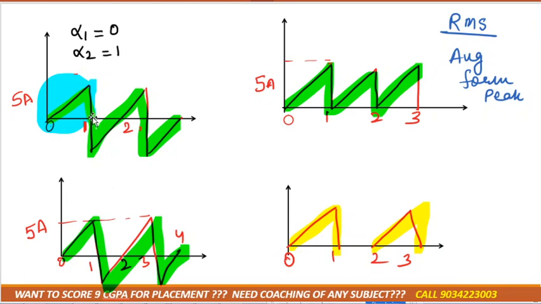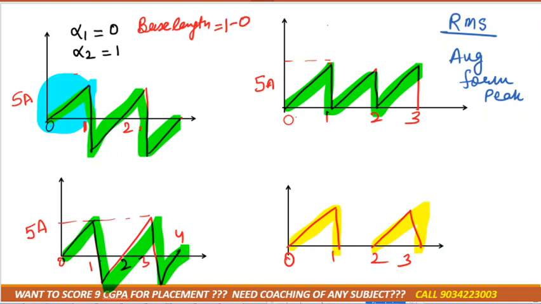The base length again varies from 0 to 1, so the base length would be 1 minus 0. If they said 2, then we'll take it as 2 minus 0. In every case here it would be the same: alpha 1 is 0, alpha 2 is 1, and the base length is 1 minus 0.